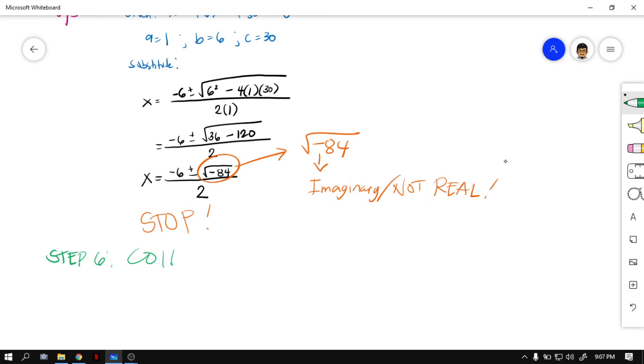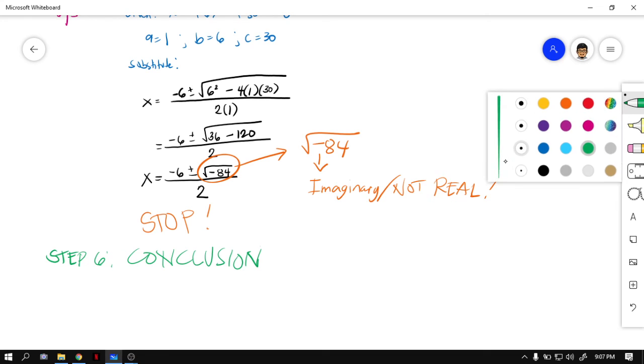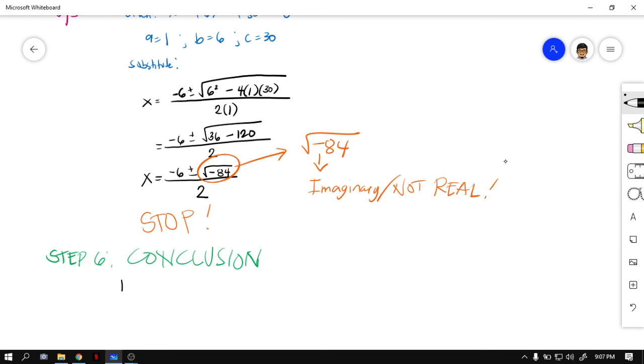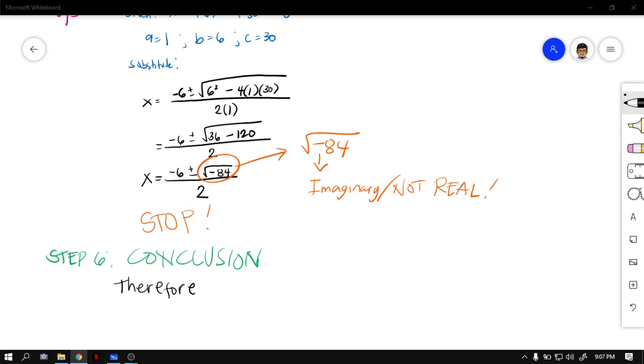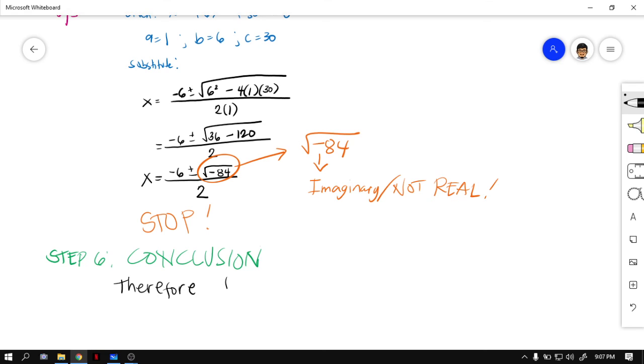Your conclusion. Okay. Therefore, our conclusion. Therefore, the length of the original cube.